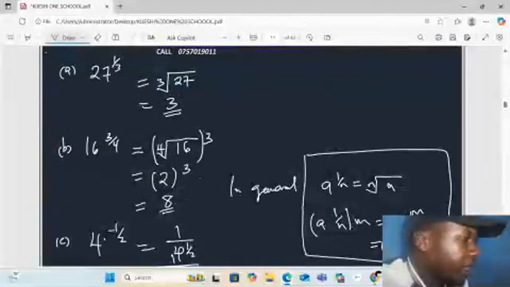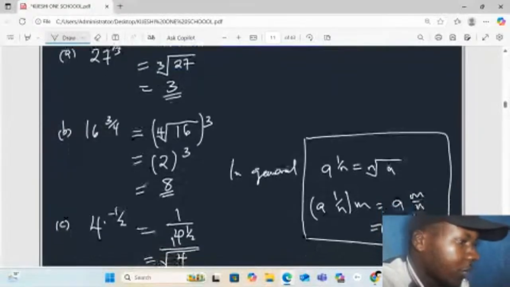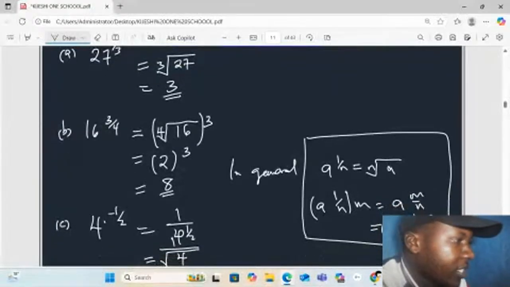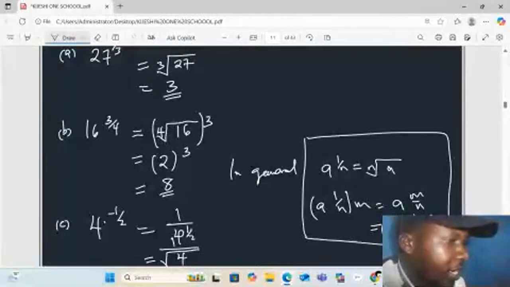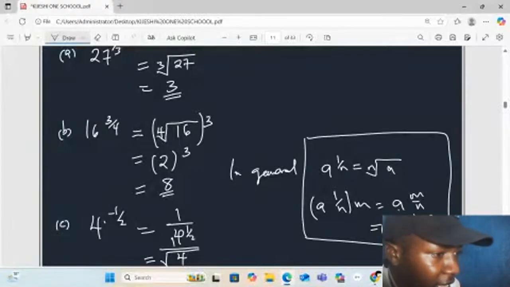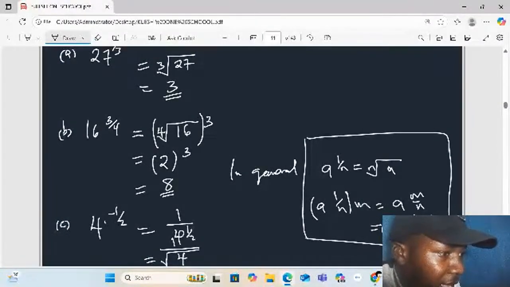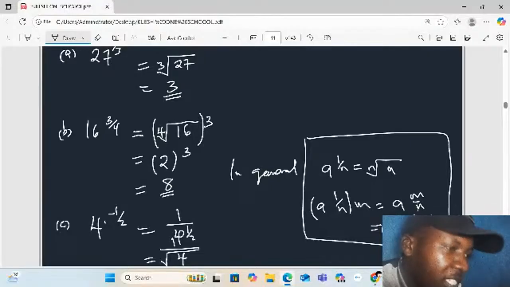Then we have this one now, A raised to 1 over n, then we multiply by m, is the same as A raised to m over n, whereby for m over n, you take the denominator of the fraction, which is n.